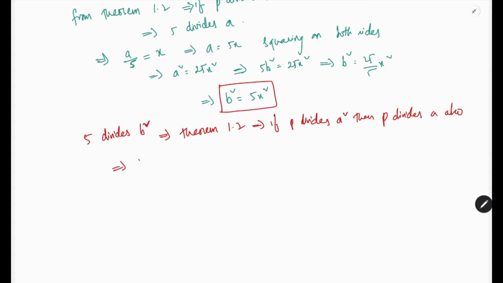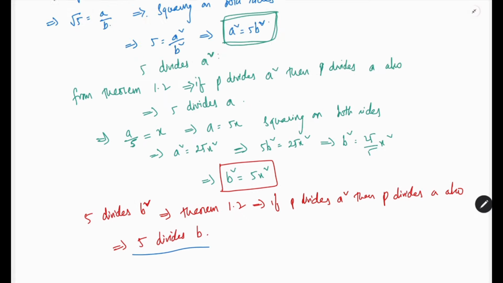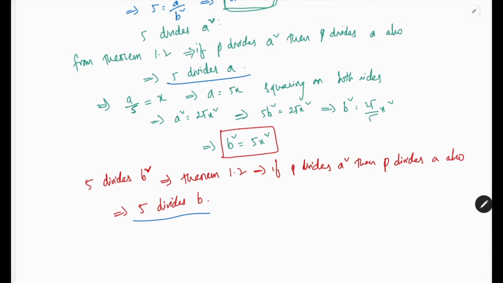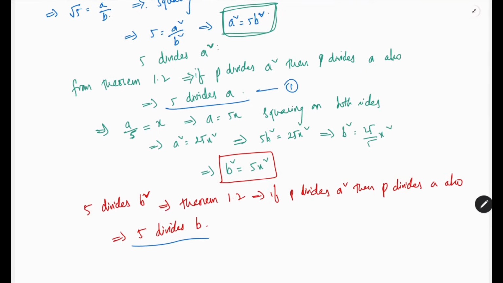This implies 5 divides b. See here we have got 5 divides a and 5 divides b. Let these be first and second.